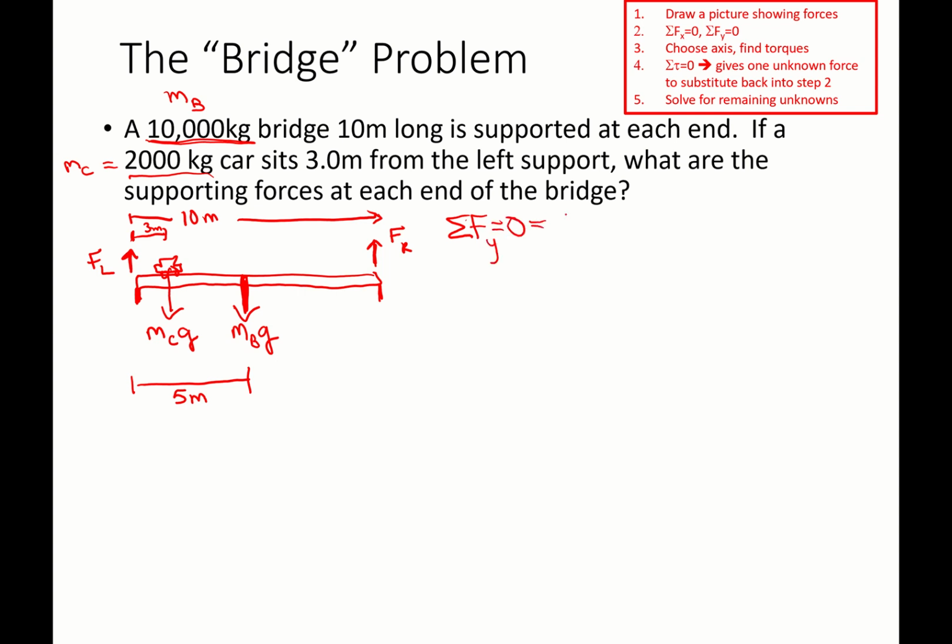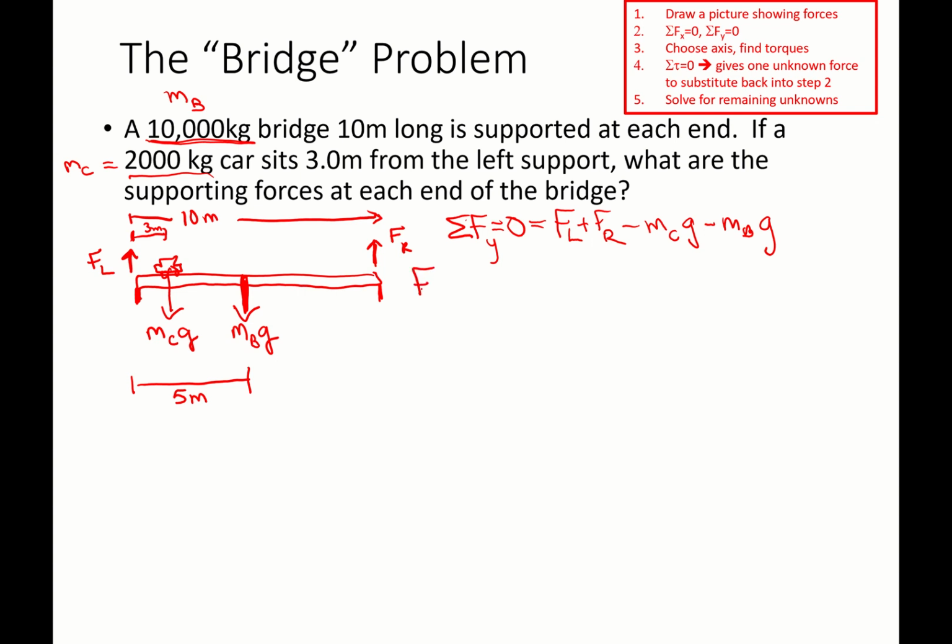So what do I have? Upwards, I've got the force on the left plus the force on the right. And downwards, I have minus the mass of the car times G and minus the mass of the bridge times G. So let's figure out what those are.